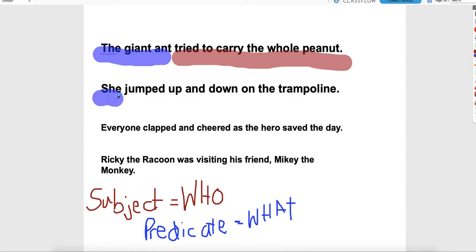Now, what is the predicate in that sentence? She jumped up and down on the trampoline. Derek, what's the predicate in the sentence? She is our subject. What's the predicate? What did she do? Okay, Derek, the sentence says she jumped up and down on the trampoline. What did she do?